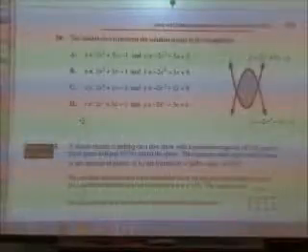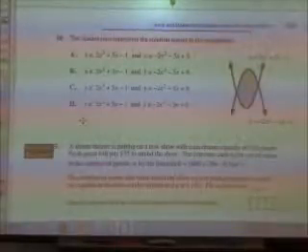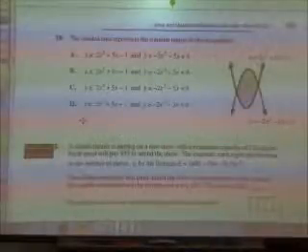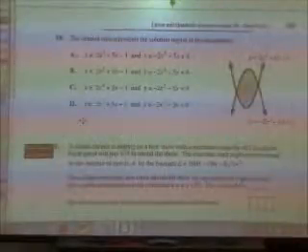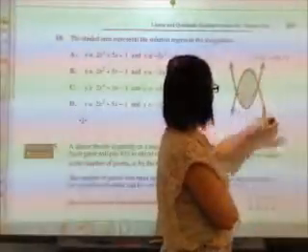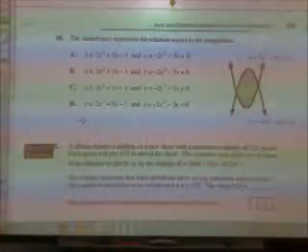Okay, question number 10 asks, the shaded region represents the solution region to the inequalities, and it asks you to identify which inequalities they are. So you've got the two equations. The equation opening upside down is negative 2x squared minus 5x minus 6.